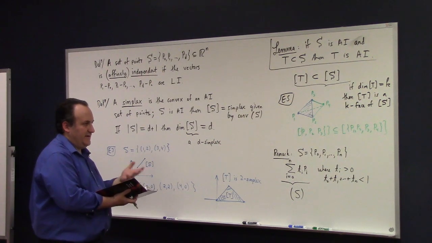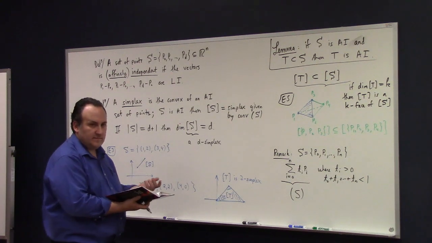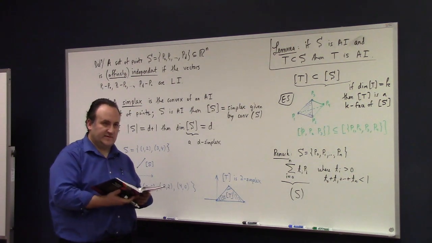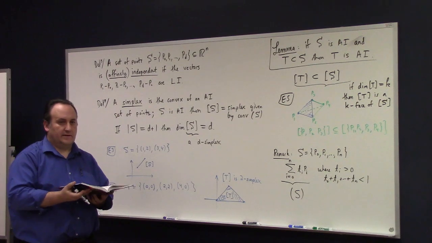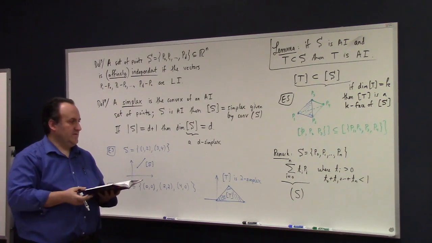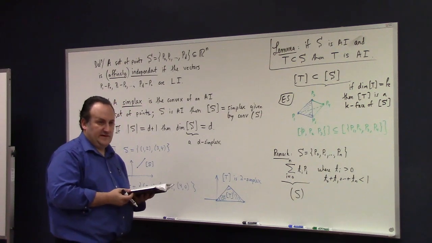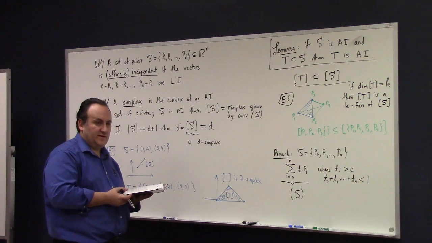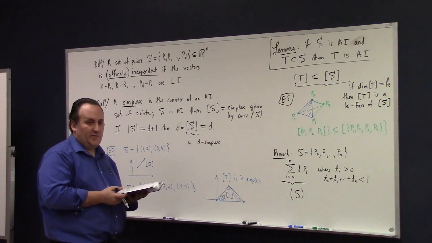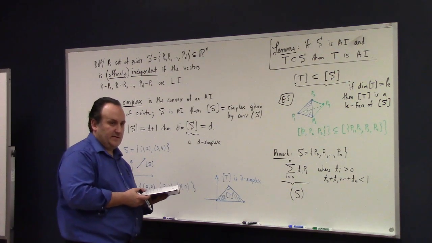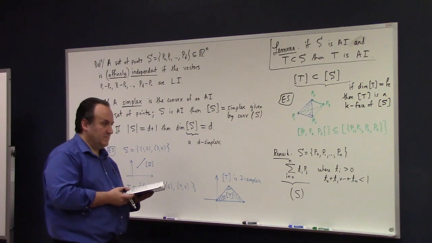And likewise, you could define open faces in the same way, right? So the open faces are going to be missing vertices and edges if it's a two-face, an open two-face. Open one faces are going to be missing their vertices.